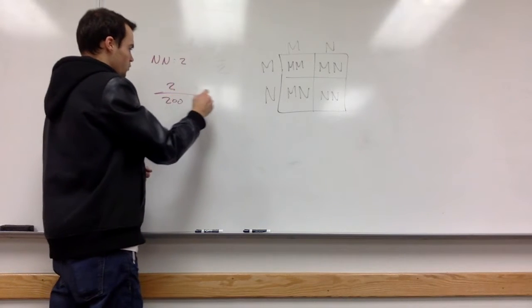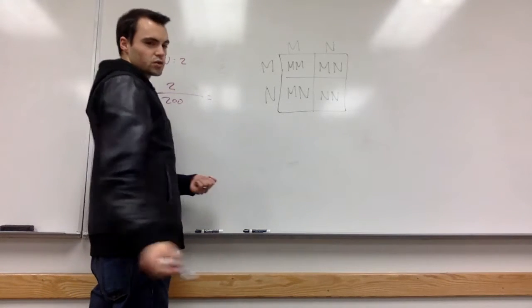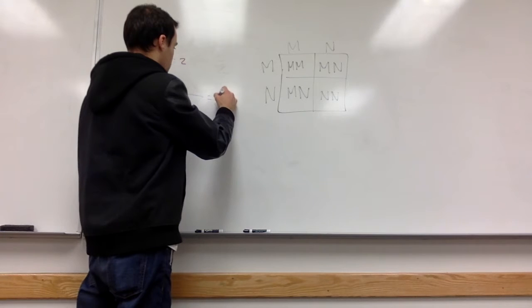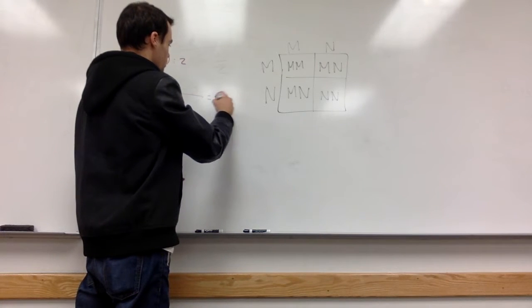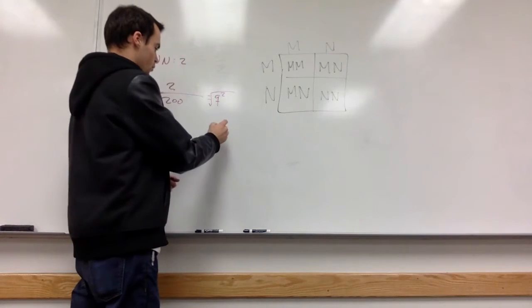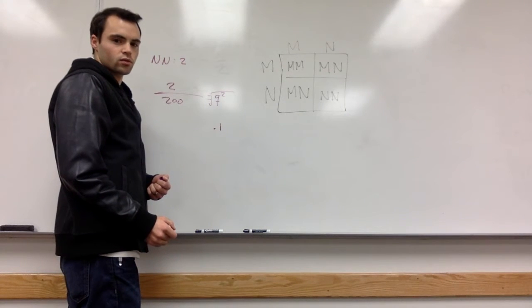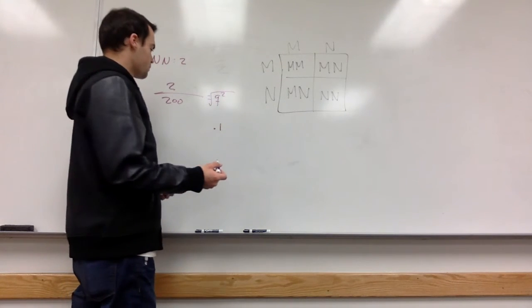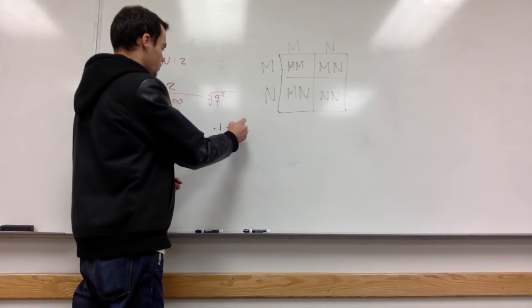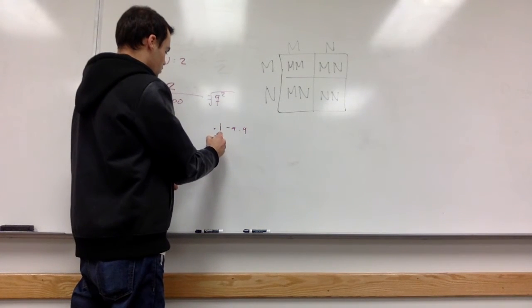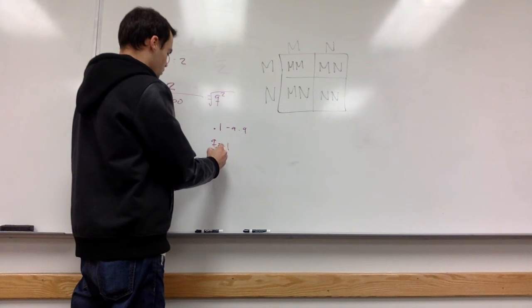So you divide 2 by 200, and you get a really small number, and that's going to be your Q squared value. Then you square root that, and you get 0.1. Oh, okay, so that just goes back to the other problems we were doing. And then you subtract it from 1, you get 0.9. So your Q is equal to 0.1, and your P is equal to 0.9.